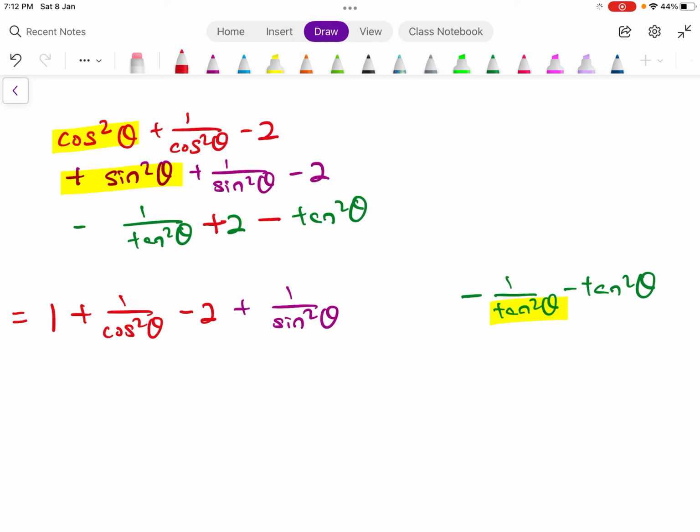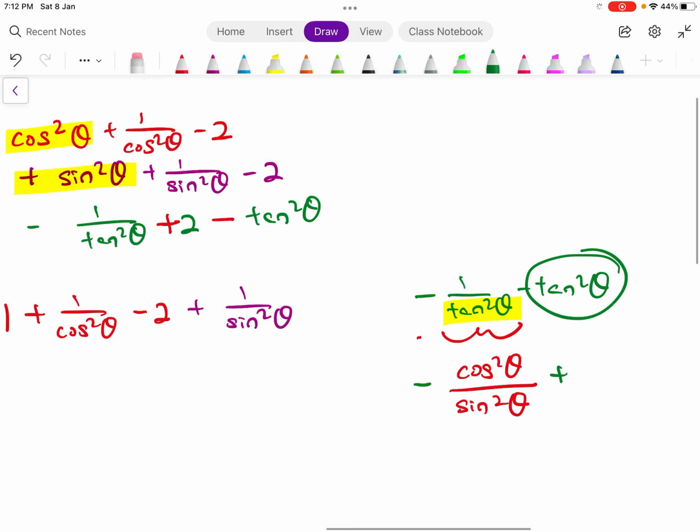So in this form, 1 over tangent square theta is cosine square theta over sine square theta. Then for this other part, I change it to sine and cosine too, so it's sine square theta over cosine square theta. Sorry, I put the wrong sign.